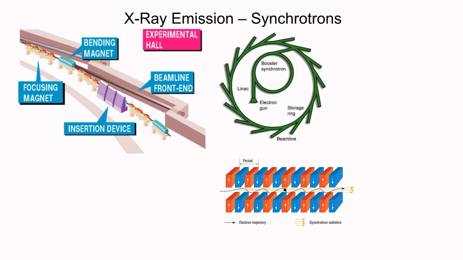And some of the pump probe experiments I was talking about in some of the earlier lectures, you can do with X-rays at a synchrotron. In that case, you're pumping your system, say electrically, with a pulse that's timed to the synchrotron clock, and you're probing it with the X-ray pulse, the X-ray flash that comes from the synchrotron.